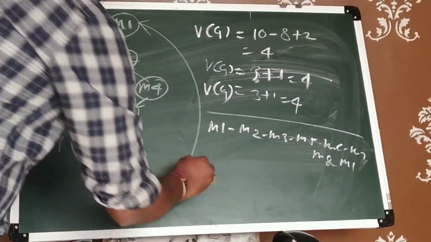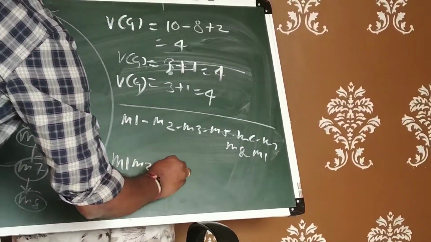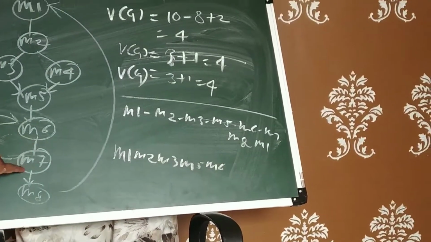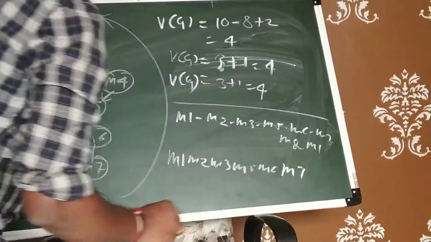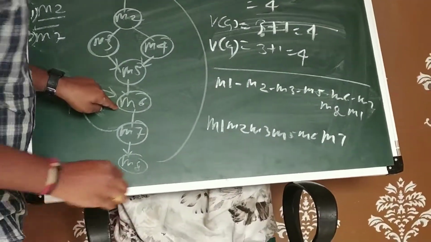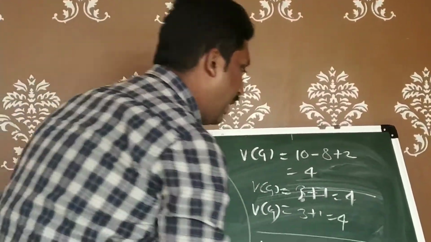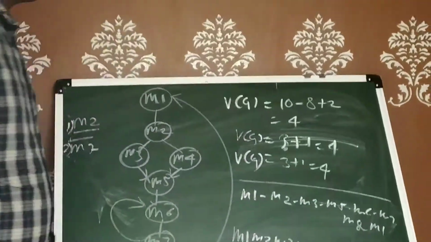Now for this loop, M1, M2, M3, M5, M6, M7, again M6, M7, M8, M1. Okay, this is path number 3, that is M1, M2, M3, M5, M6, after that M7, again it will be going to M6, again M7, M8, back to M1.